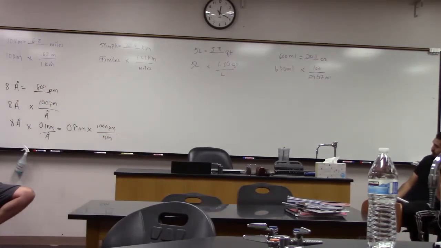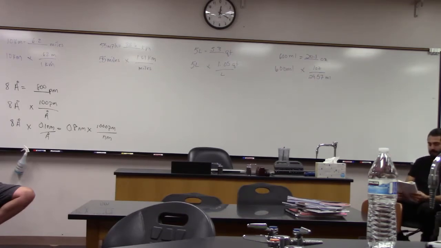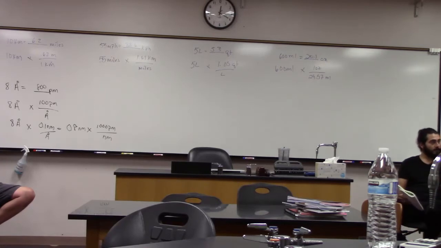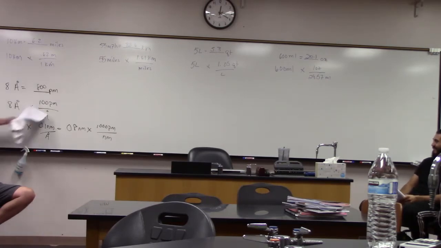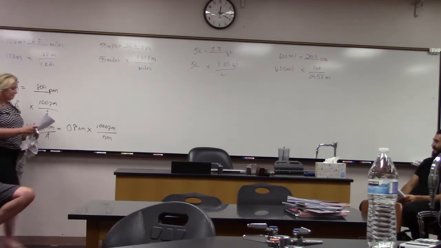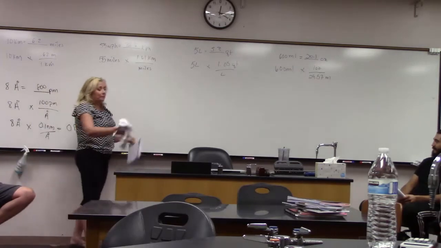So you have 800. I used the 10 exponent. Well, I did mine like angstrom to nanometer to meter and then to picometer. Yeah, it's a longer one. I like this one. It's a lot faster. But as long as you got the right answer, that's fine.